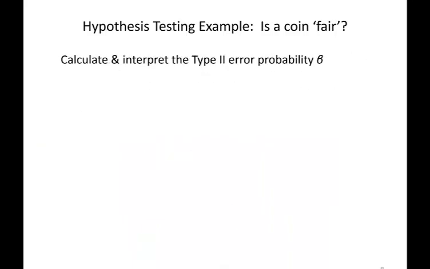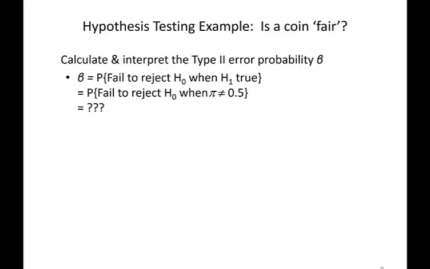Now let's talk about a type 2 error. Beta is the probability that we fail to reject H0 when H1 is true. And in other words, we're going to not reject H0 when pi is not equal to 0.5, when the truth is that pi is not 0.5. Well, we can't actually solve that, because if it's not 0.5, we don't really know what it is.